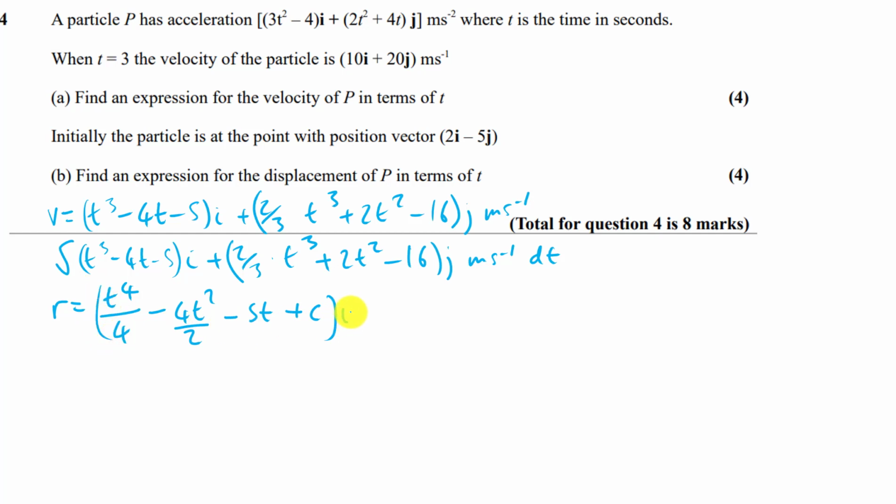Then plus 1 over 6, that's 2 over 12 first, 2 over 12 t to the 4.